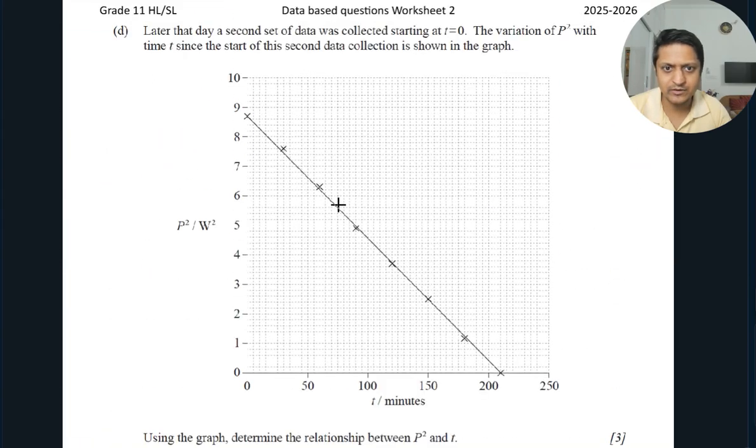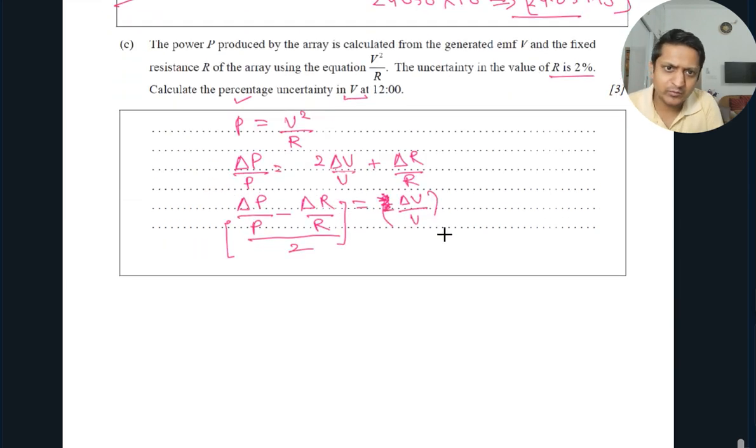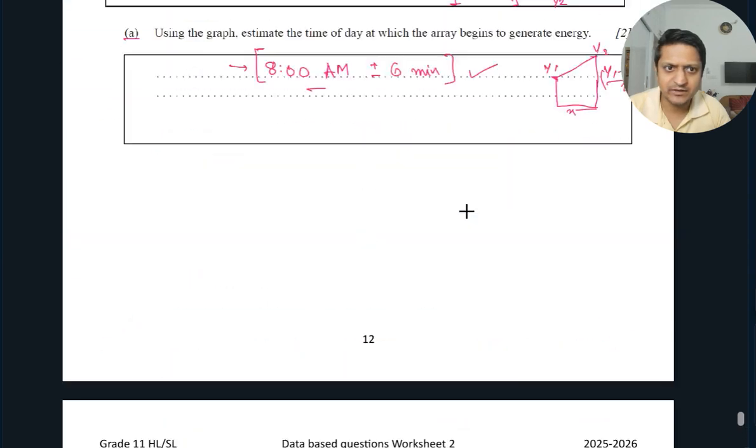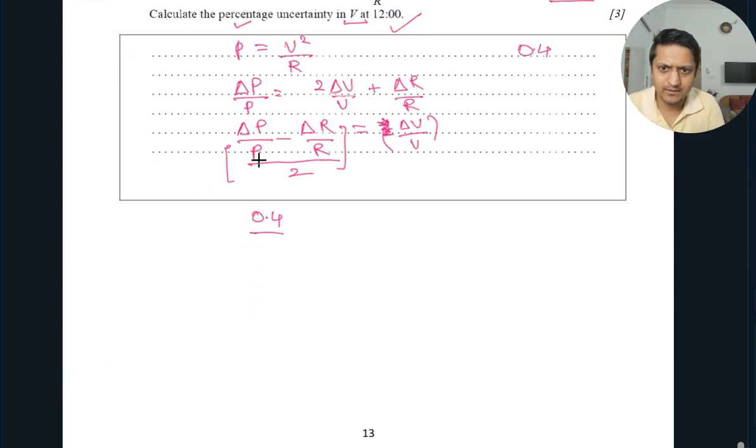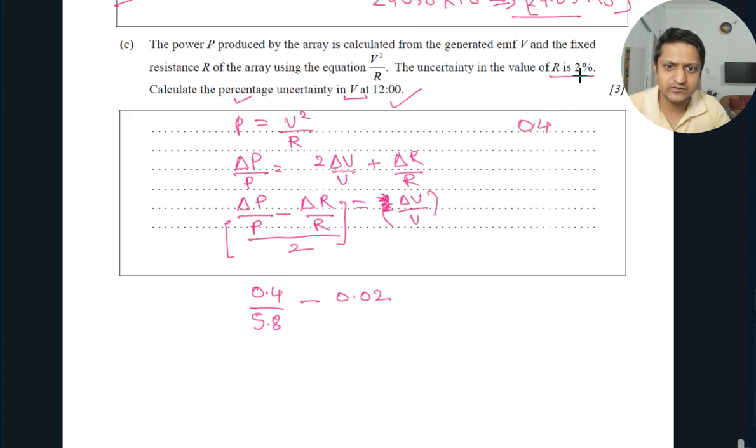So 0.4 is the uncertainty of power at 12 a.m. So 0.4, the uncertainty of the power, divided by the power value, which we can take as 5.8, minus 0.02 because it is already given to us as 2%.